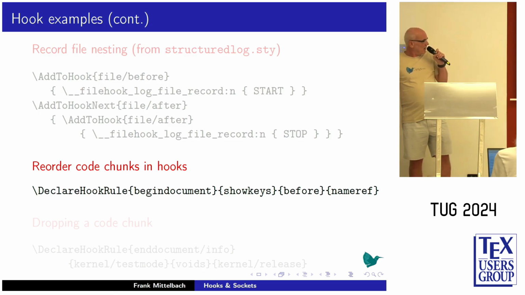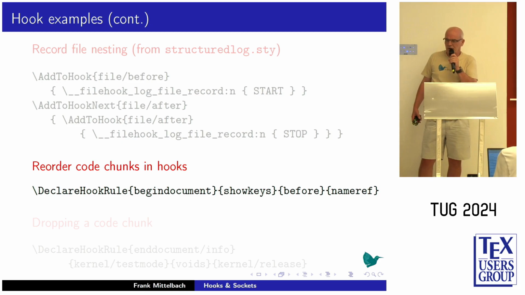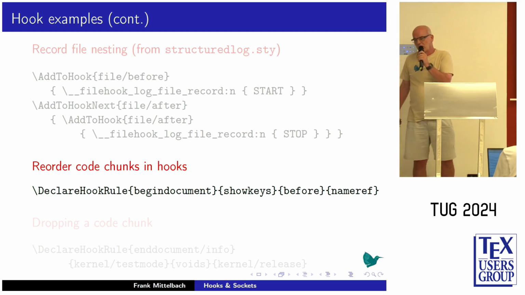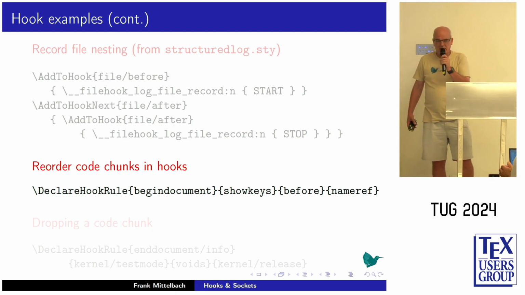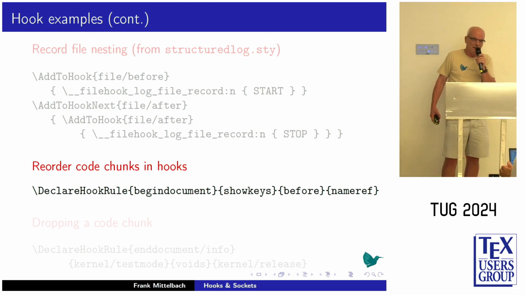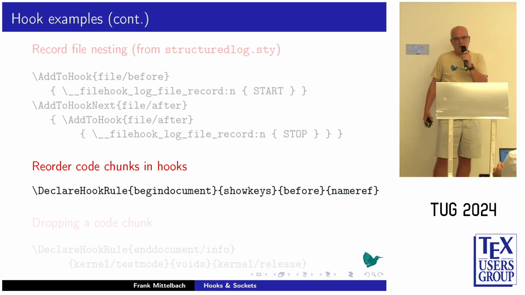This is an example of code reordering. So basically this says the hook called showkeys, sorry, the hook is begin document, and the label called showkeys, which is installed by the showkeys package, should always come before the label called nameref inside this hook.